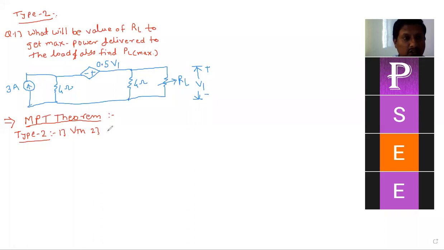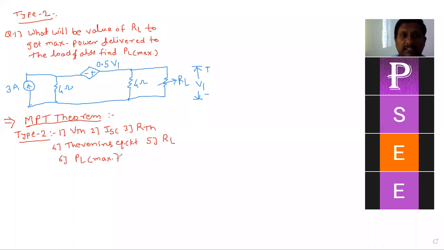So for that, we have to find out short circuit current between A and B, ISC. Third one is RTH. Then fourth one is Thevenin's equivalent circuit. Fifth one is RL. And sixth one is PL max.